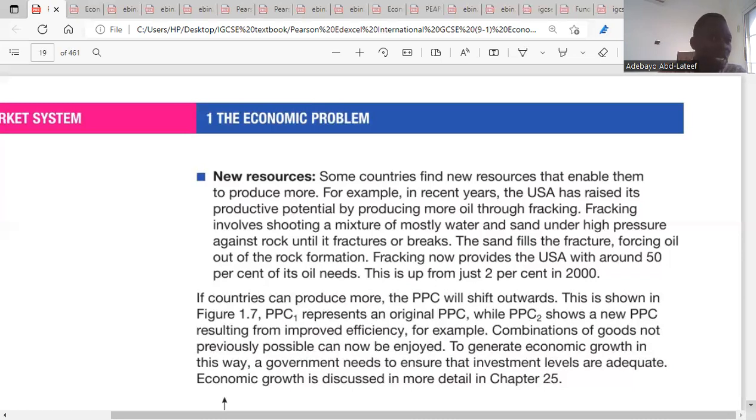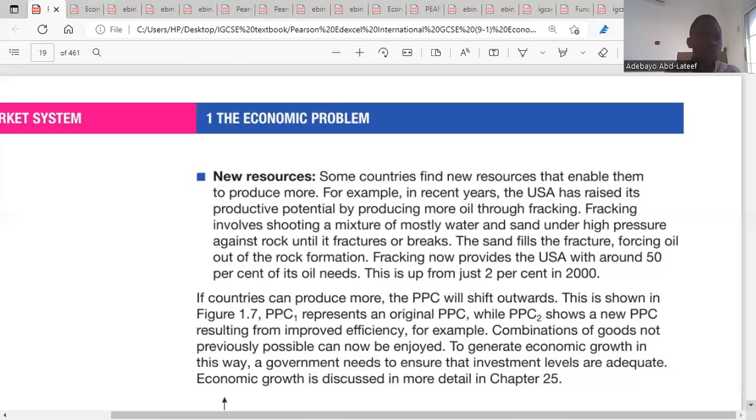The first one is new technology, advancement in technology. The second one is efficiency. And when we talk about efficiency, we're talking about finding different methods for production, using lean production. How you are able to use your resources efficiently. That is what efficiency is about. The third one is education and training.